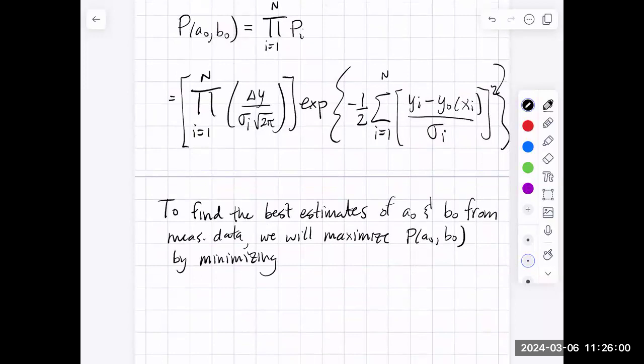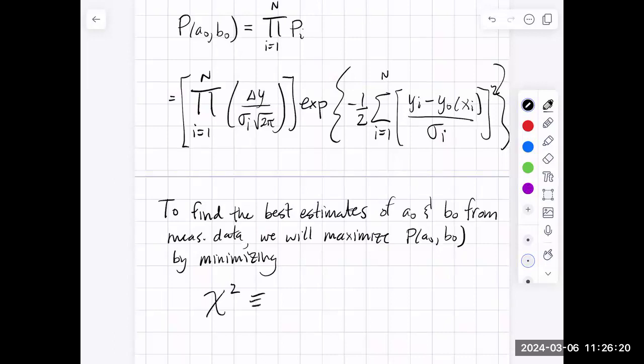Now, the stuff in the exponential is given a special name. We're going to call it chi-squared. In fact, we're going to minimize everything except the 1/2 factor and the negative sign. So I'll forget about the 1/2 as well. It's just an overall constant. It doesn't matter.